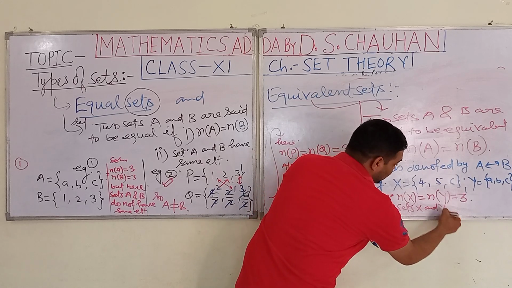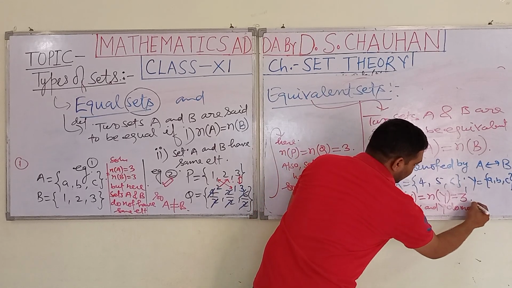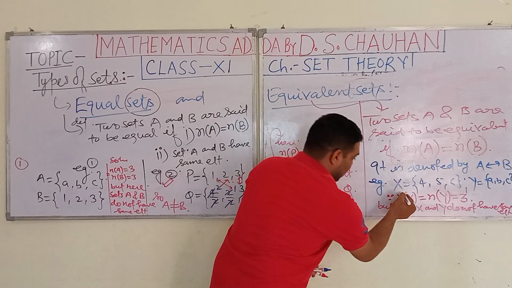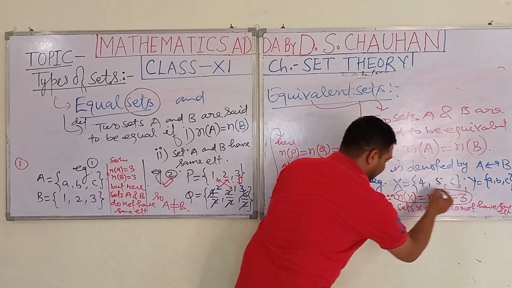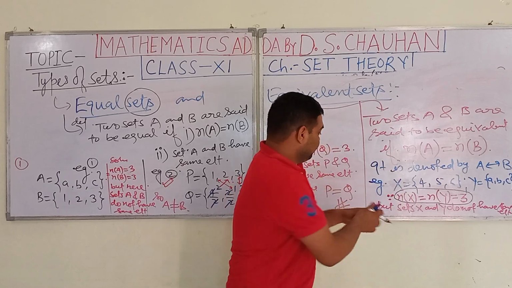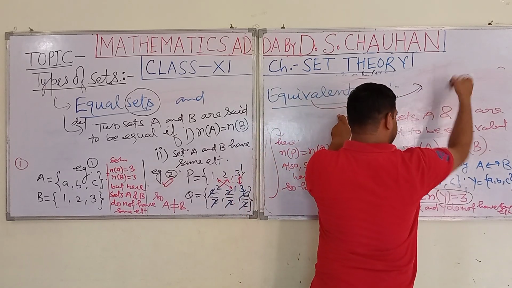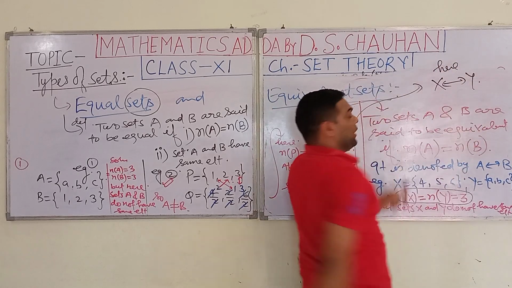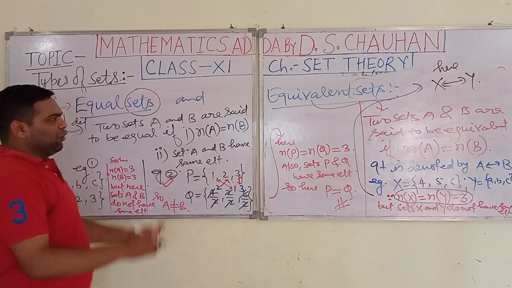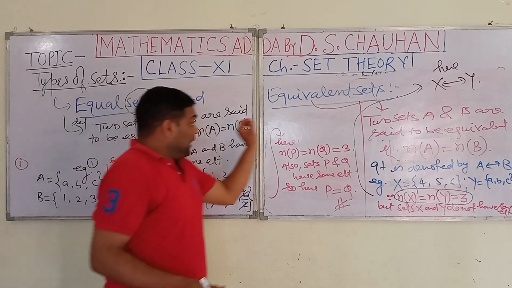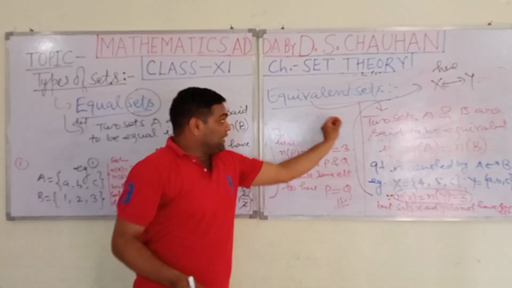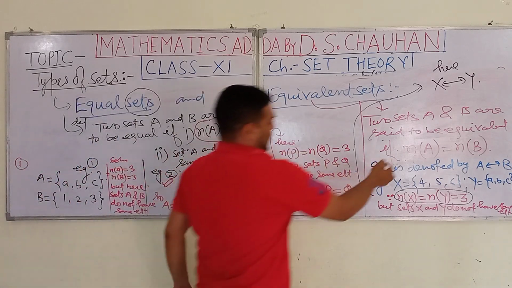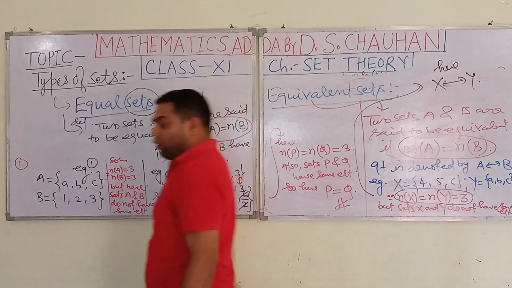Since the number of elements in set X is the same as the number of elements in set Y, both are 3, but sets X and Y do not have the same elements. Since for becoming equivalent this is a sufficient point, here set X is equivalent to set Y.